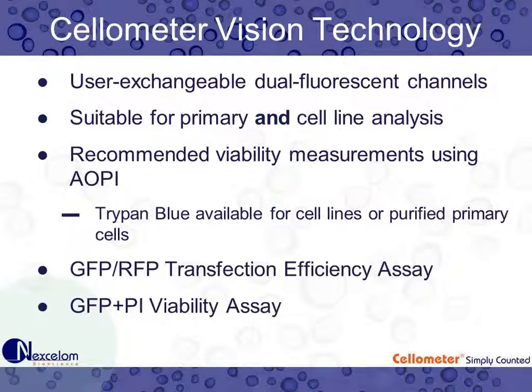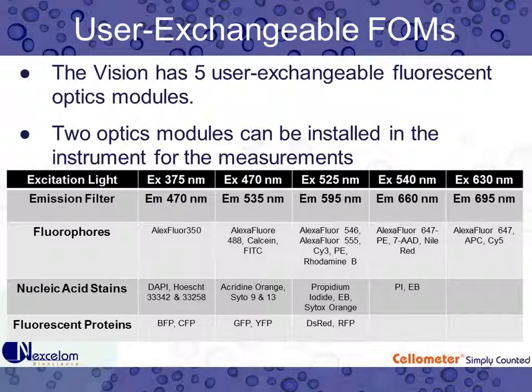And today we're going to go over a little bit about GFP RFP transfection efficiency assays as well as GFP PI viability assays. So a little bit about the FOMs, which stands for fluorescent optics modules.